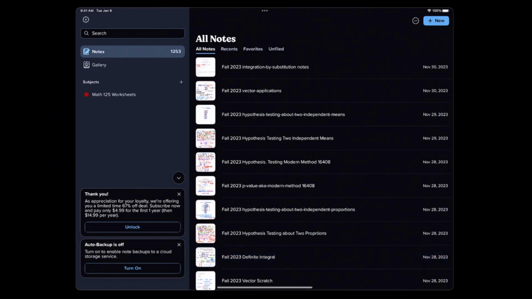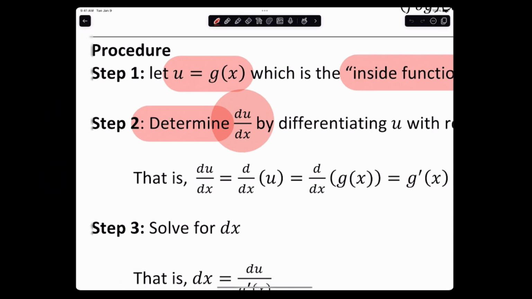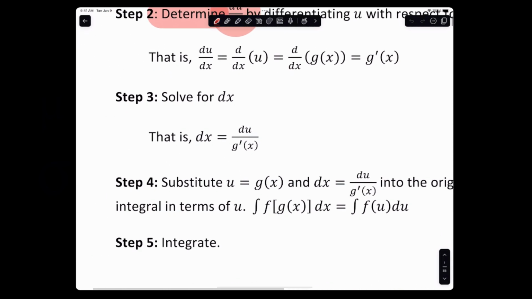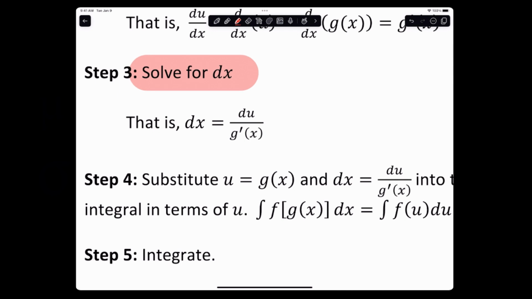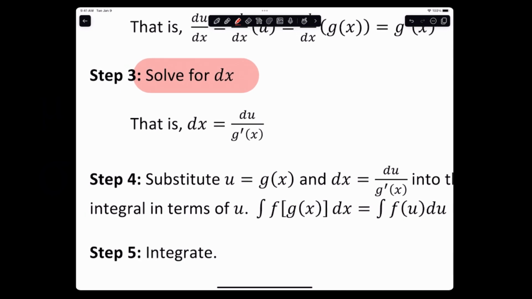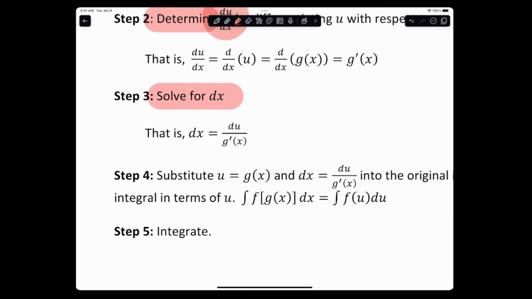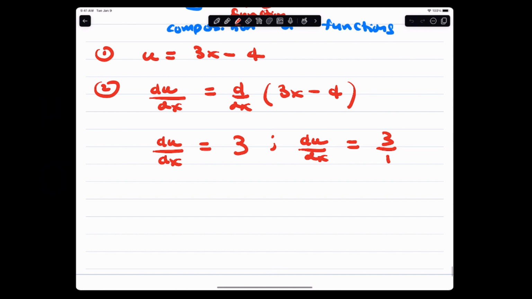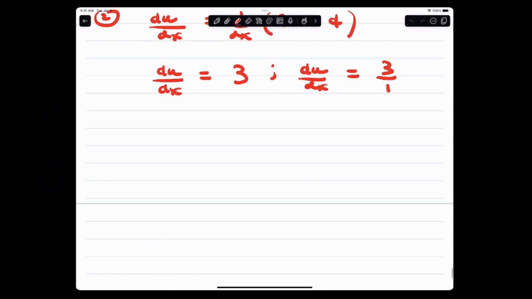When I go back to that worksheet, you're now at step 3. What does step 3 say? Solve for dx. You have those procedures and that video. So step 3, you solve for dx.